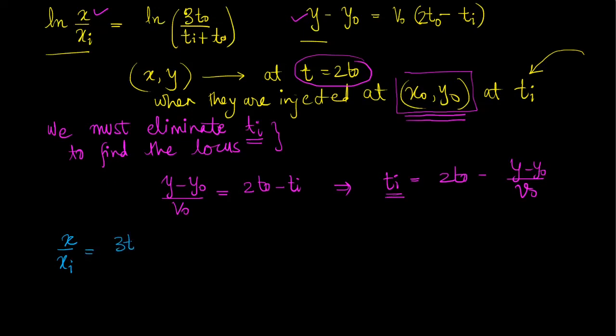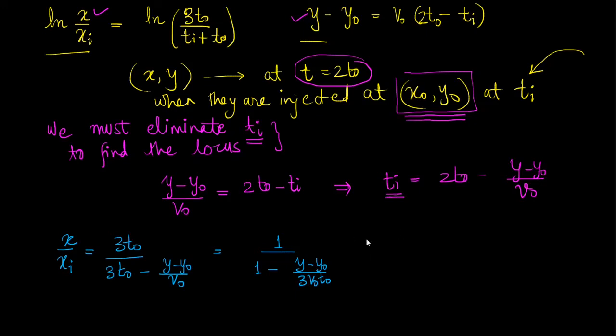So we have 3 t naught upon Ti plus t naught. So Ti is this. So if we add t naught to this, we obtain 3 t naught minus y minus y naught upon v naught. And this becomes 1 upon 1 minus y minus y naught upon 3 v naught t naught.